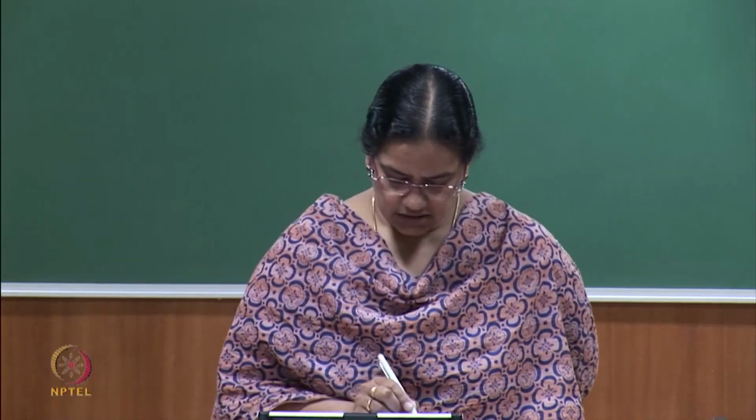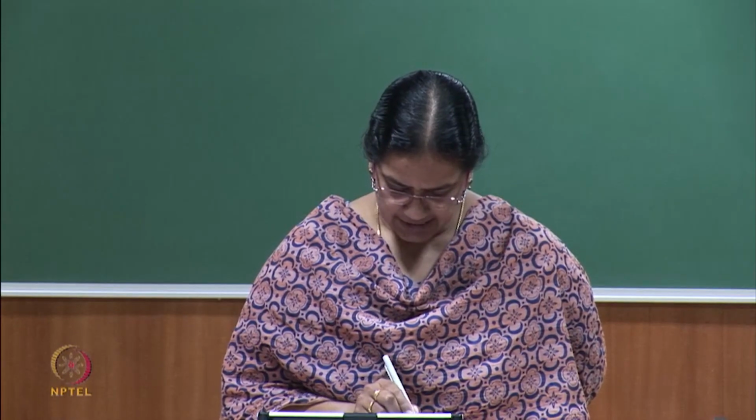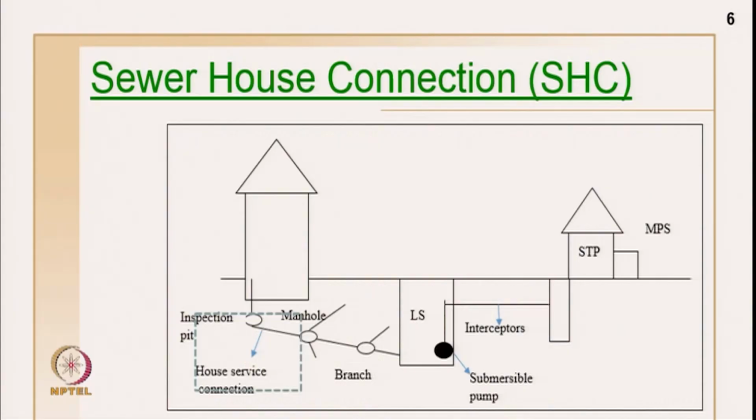So, these are the general issues with the AOA diagram. Now, let us take an example in order to really understand how to represent an AOA diagram and the analysis later on. The first example is a sewer house connection for collecting sewer from households and how it links to the public or street sewer. If you see here, this is a schematic diagram.